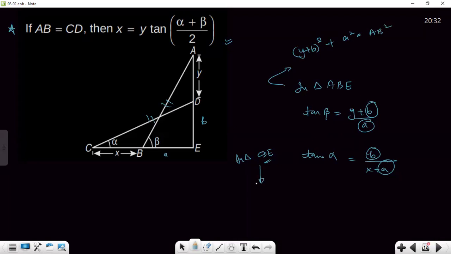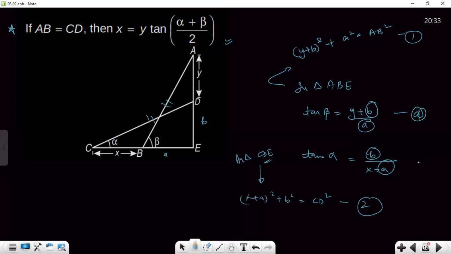In triangle CDE, (x plus a) whole square plus b square is equal to the hypotenuse square. We know AB and CD are given as equal. This is equation number 1, this is equation number 2. We will correlate these relations and eliminate the value of a and b, and thereafter we'll find out the relation of y and x using these equations.